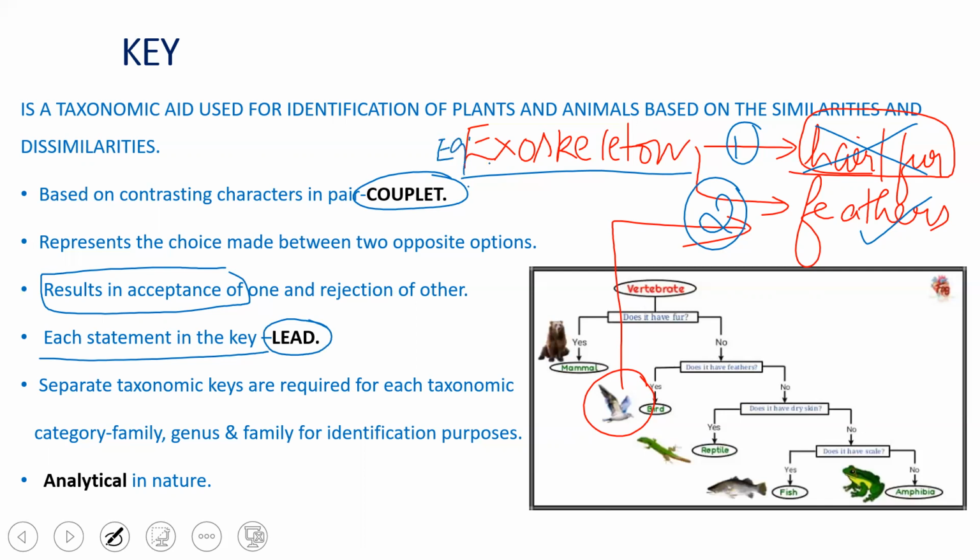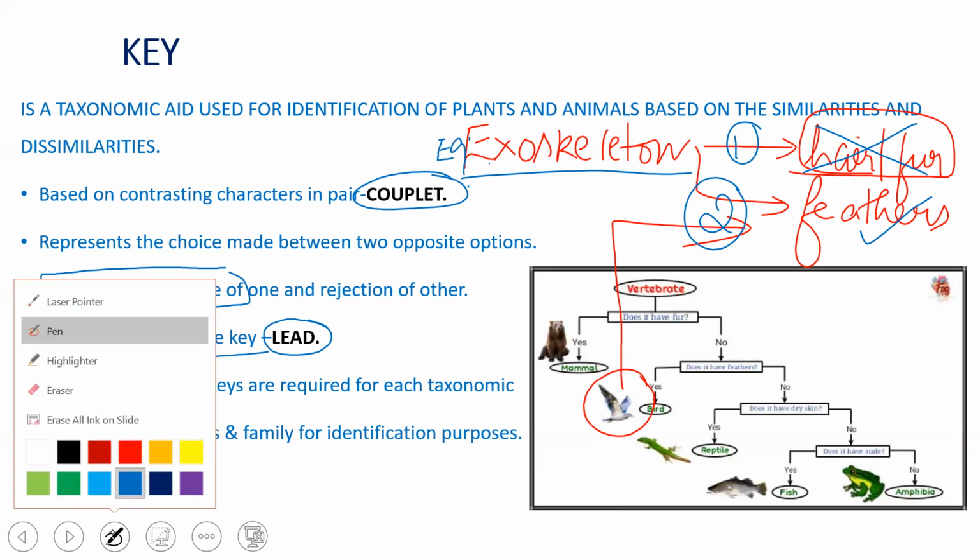Likewise, there are so many examples you can take: the presence of beak, the absence of beak, the presence of bones, the absence of bones. Starting from morphological to anatomical or internal characters, any of these can be utilized for the identification of plant and animal specimens. Based on these similarities and dissimilarities, we identify using a taxonomic aid, and that taxonomic aid is called a key.